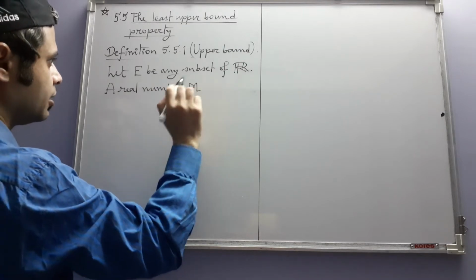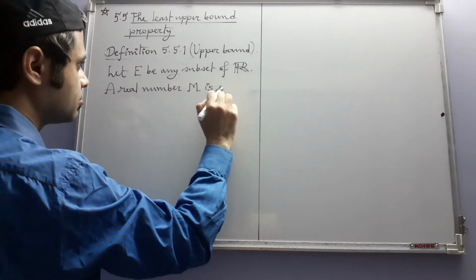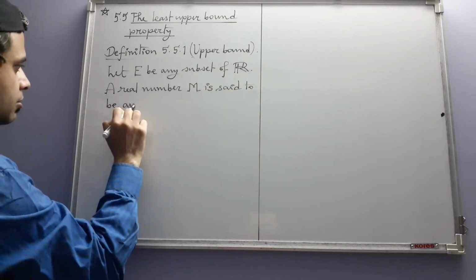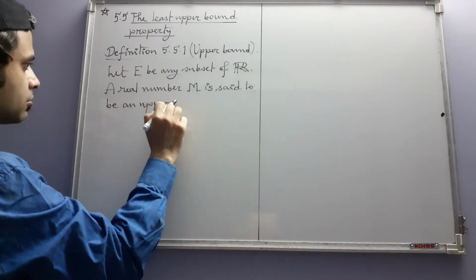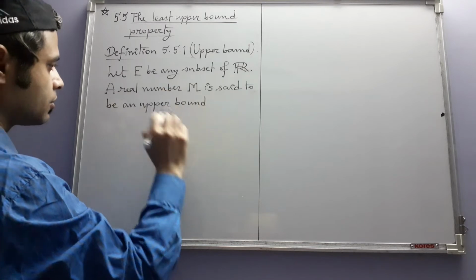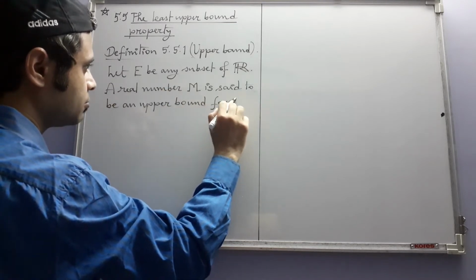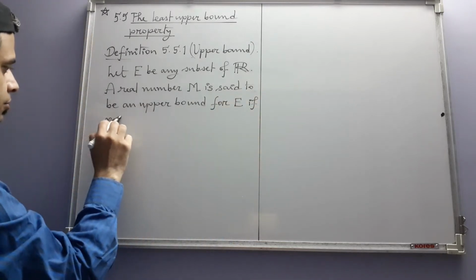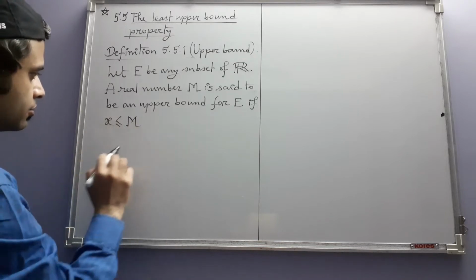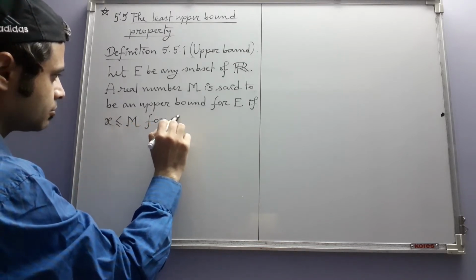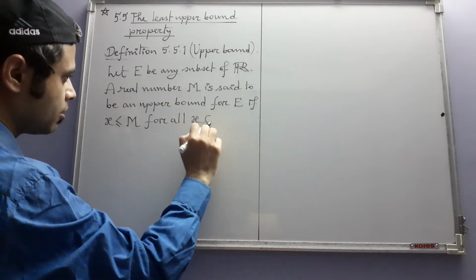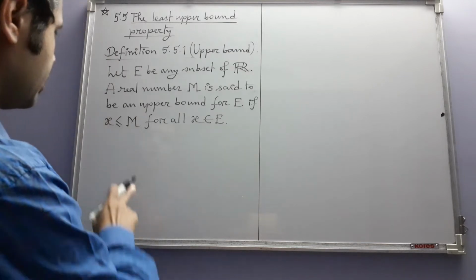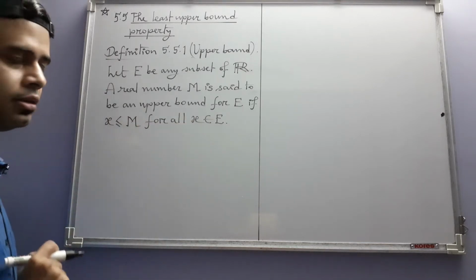A real number M is said to be an upper bound for E if x is less than or equal to M for all elements x in E. If this happens, then we say that M is an upper bound for E.